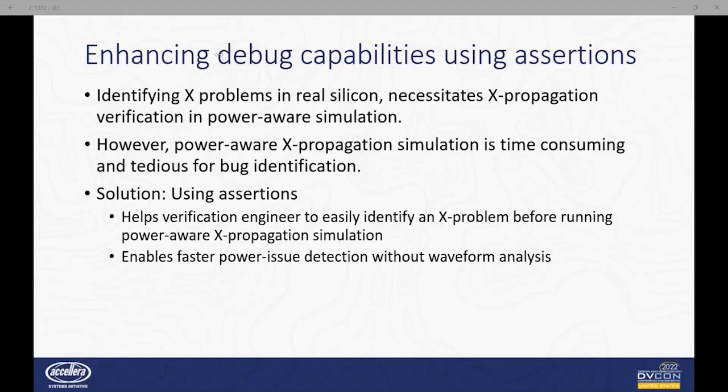However, power-aware X-propagation simulation is very time-consuming and tedious for bug identification. So, using assertions helps the verification engineer to easily find the X problems, and it enables faster power issue detection without waveform analysis.